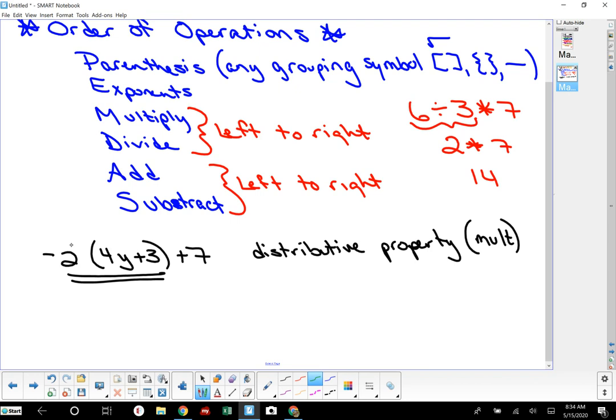So we only distribute to those two terms. You do not distribute the 2 to the 7 because the closed parenthesis is here. You stop there and then just bring anything down. So if we multiply here, we have -2 times 4y is a -8y. -2 times a +3 is a -6, and then just bring the +7 down in the equation. And now you're going to combine like terms.